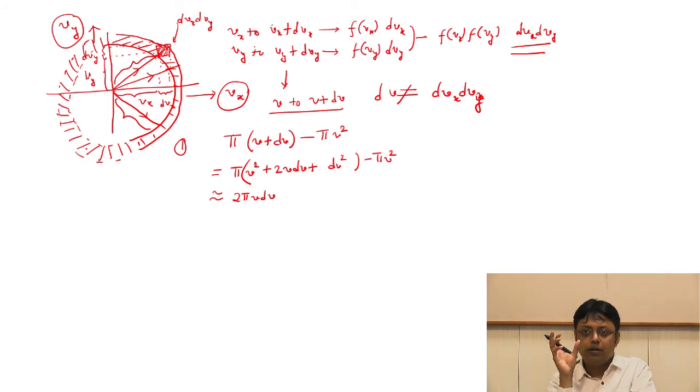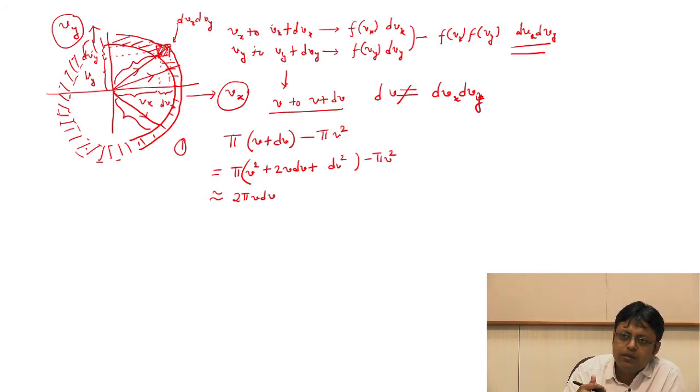So this volume element will be some factor, and we can get that factor by integrating over this fractional area, independent of any direction. We showed it in one way, because this is just a two-dimensional thing. It's an annular area, so there will be two circles, and if you take the difference between the areas of the outer and inner circles, making one approximation that dv square is almost 0, then you can easily get it.